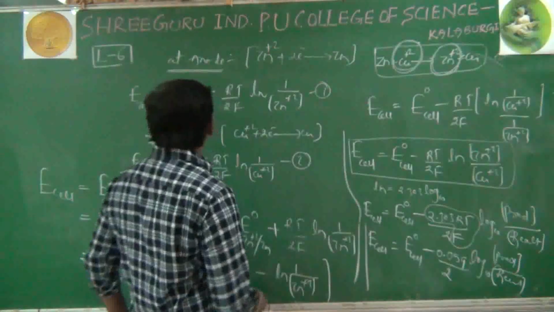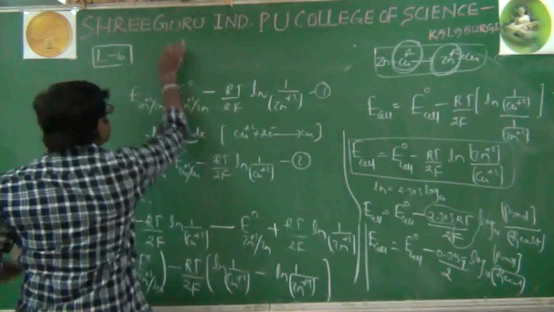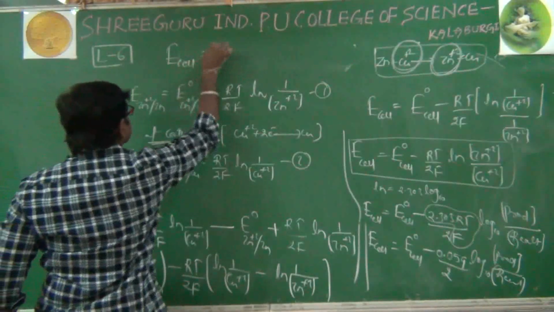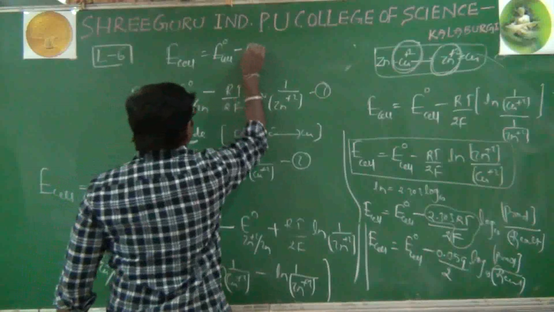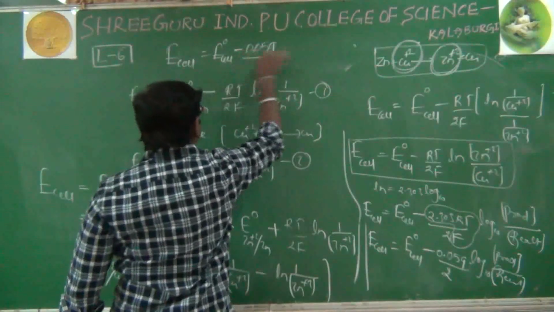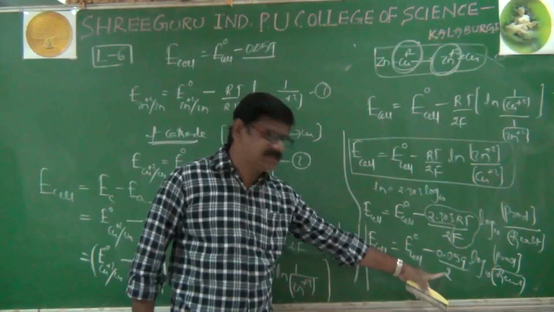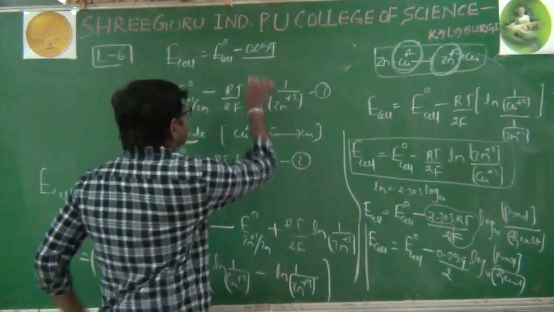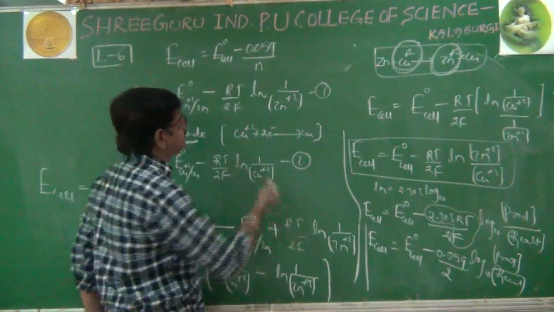Now the final generalized formula we write like this. Final formula: E cell is equal to E naught cell minus 0.059 divided by n, as far as the Daniel cell is concerned, the n value is 2. For other cells the n value may be different. That's why here I am taking n. It may be 2, 3, 4, doesn't matter.